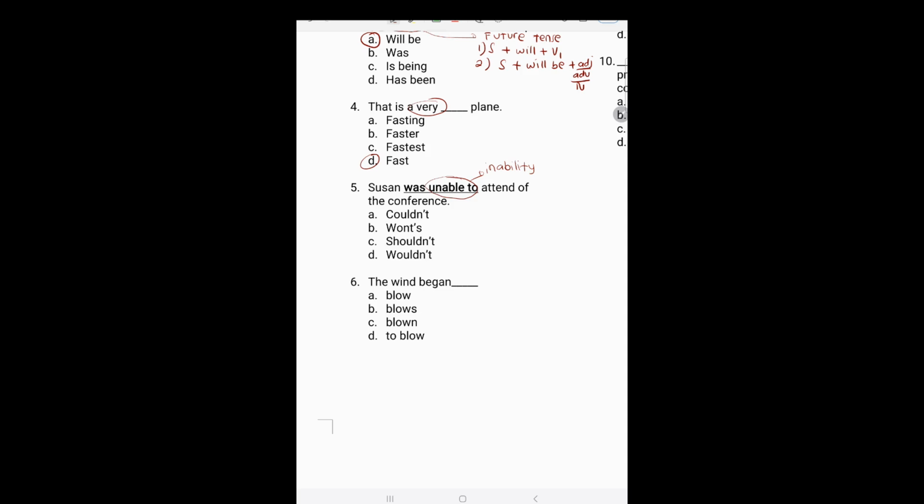So there are several contractions here. First is couldn't, from could not. Won't is a contraction of will not.